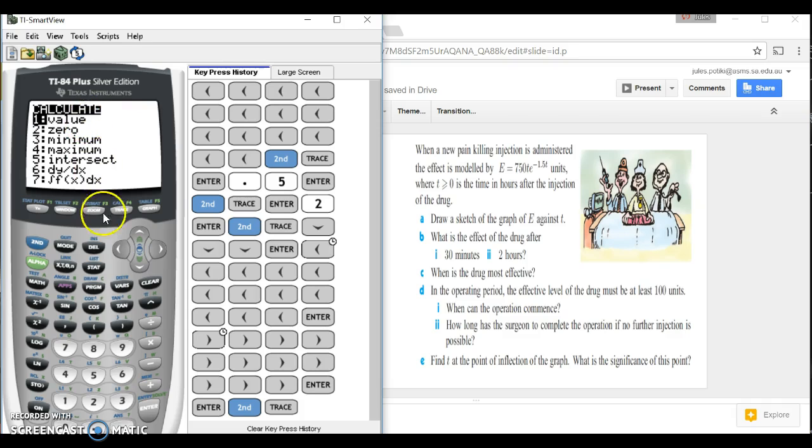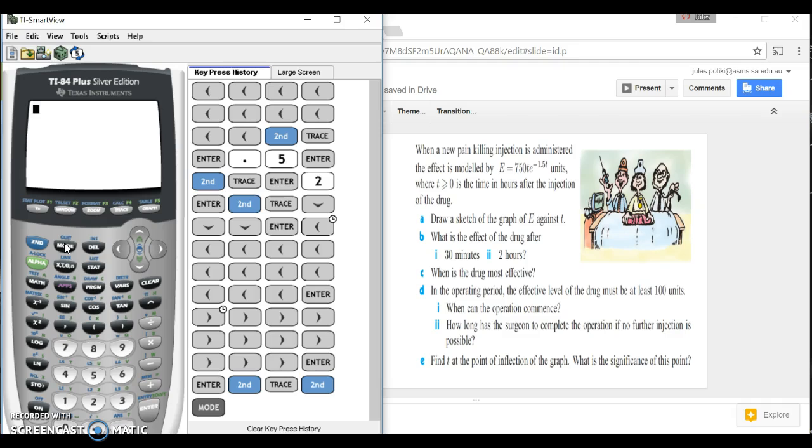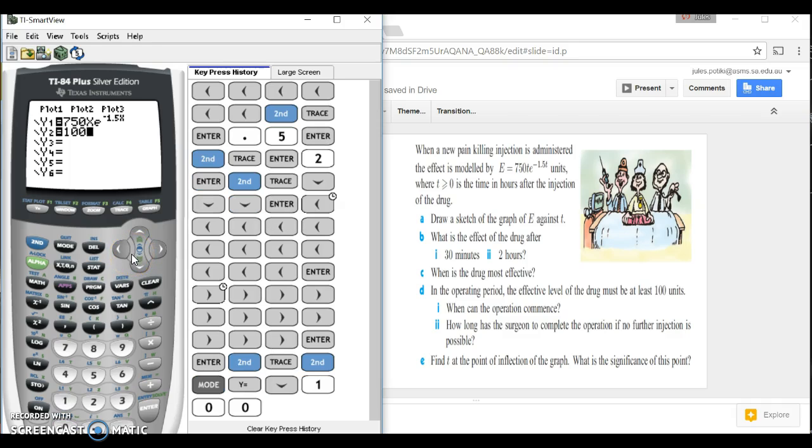But what we can do, just let me quit out of this. What we can do is graph a horizontal line where y equals 100 units, and click graph.